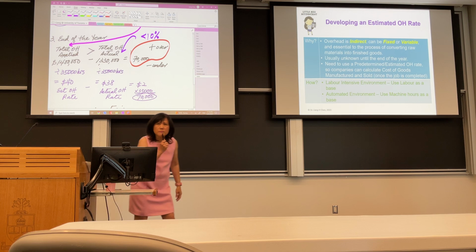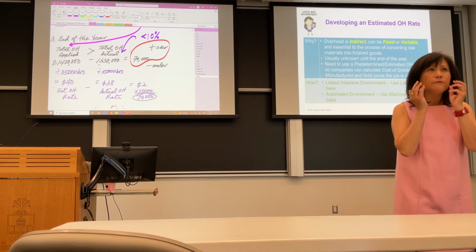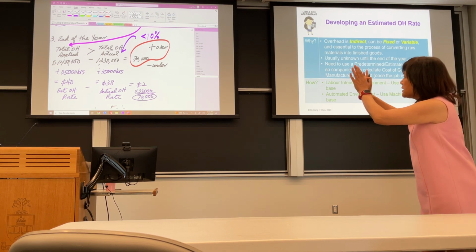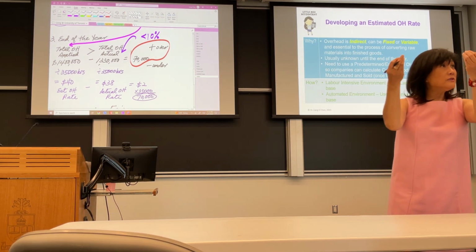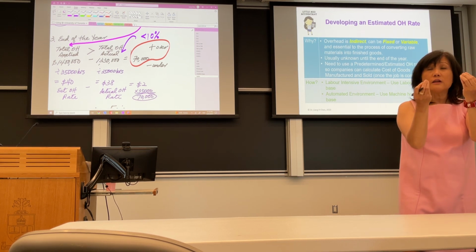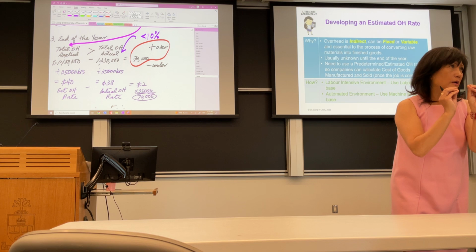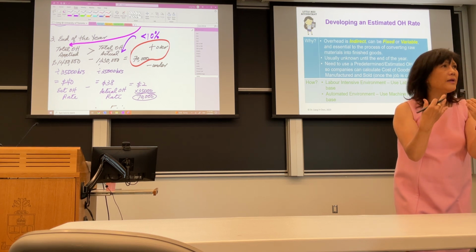Please do not email me to ask what it means. I'm going to tell you now, listen carefully. If the difference between how much you apply, using the estimate, and the actual is less than 10% of the actual, then we say it's not material, it's not big.